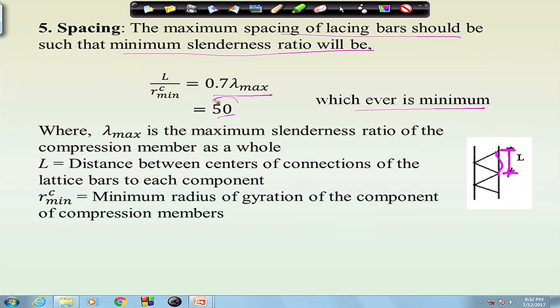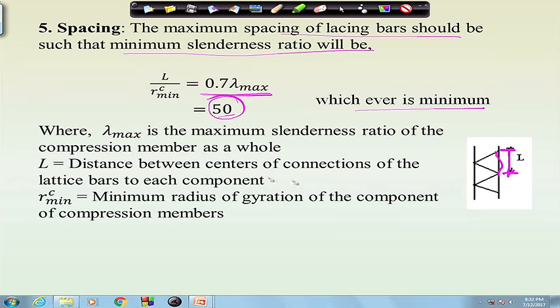So, in any case it should not exceed 50 and it may be 0.7 lambda max as well. So, spacing of the lacing bar has to be this to take care of the local buckling of the column.